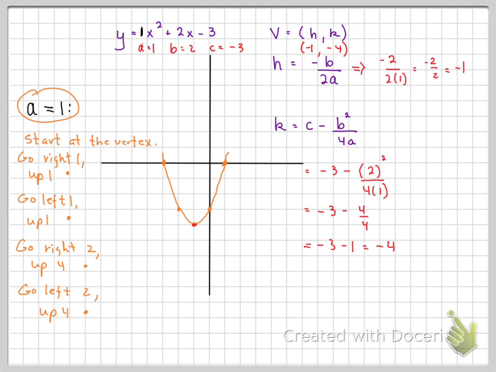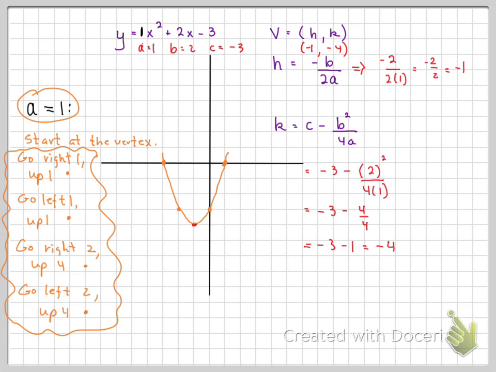Okay. So follow these rules right here. Following those rules will give you a very simple way to graph any quadratic when your a value is equal to 1. So instead of making an xy chart and filling in all these values, follow those rules.